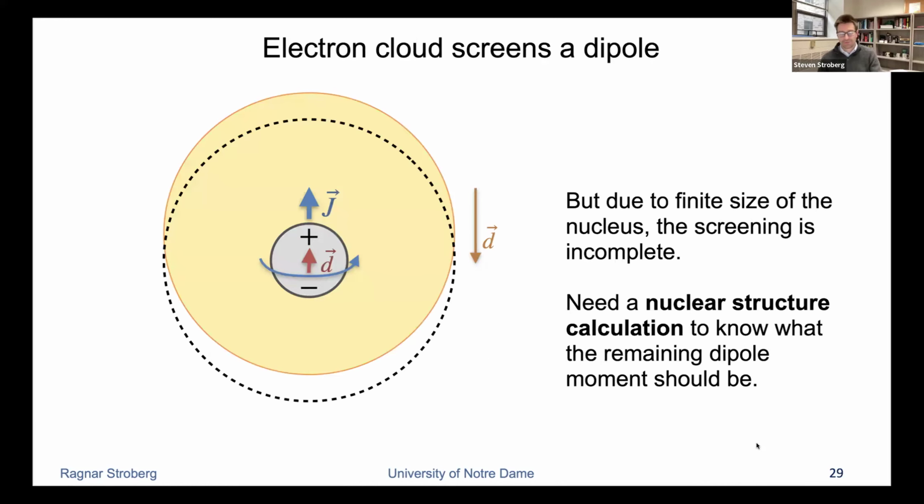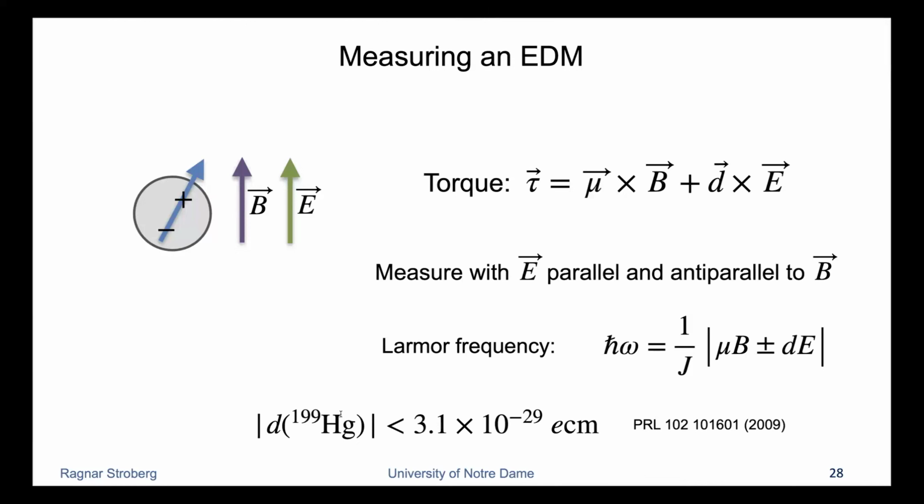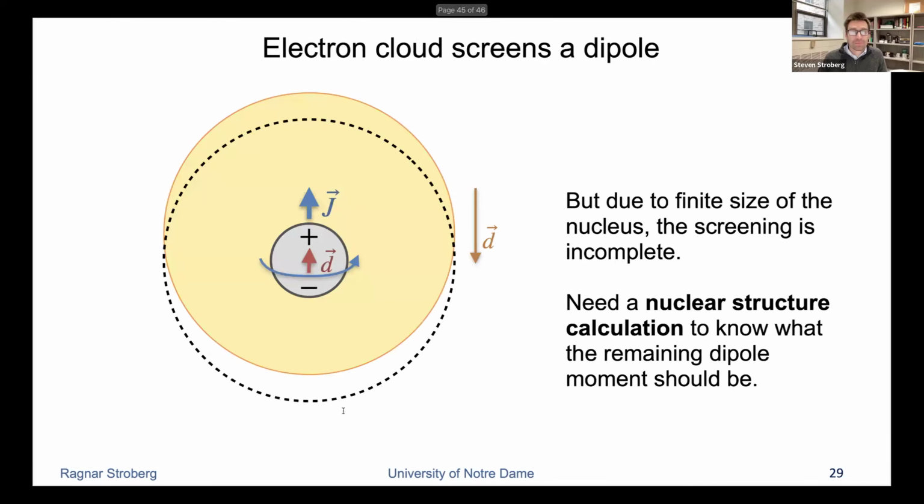There's a kind of confounding issue here, and that is that if you're doing this with a nucleus, which is for example Mercury 199, if this nucleus has a dipole moment, it's then surrounded by the electrons in the atom, and those electrons will have an induced dipole moment and will screen the original dipole moment and cancel it out, so you don't see anything.